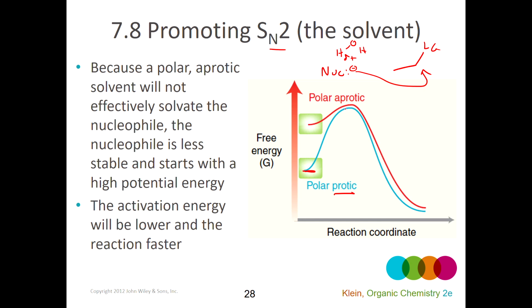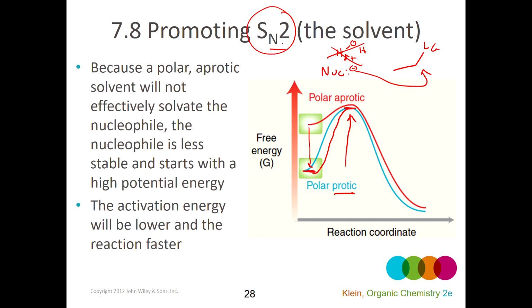So yes, the transition state is also stabilized, but if the reactant is too stable, well, most of the collisions won't have the energy necessary to get up there, and it slows down the process. And very few product molecules will be formed in a given period of time if there's a very high activation energy. So we don't want a polar protic solvent when we're doing an SN2.